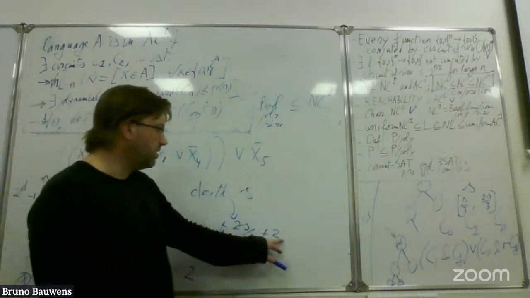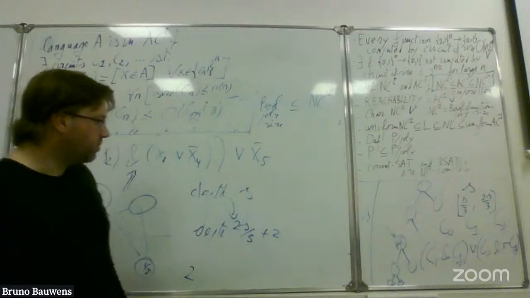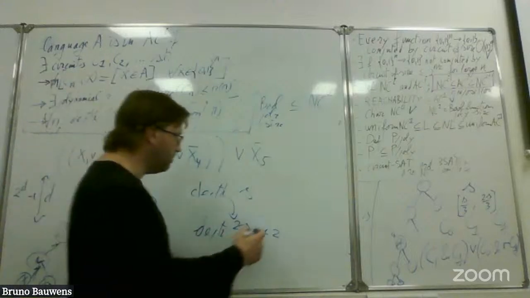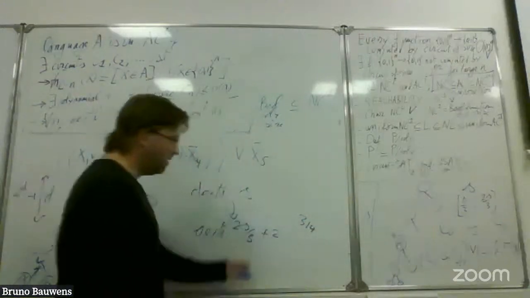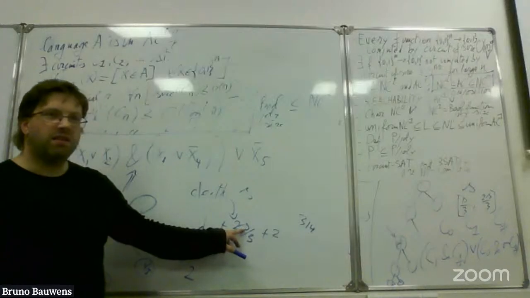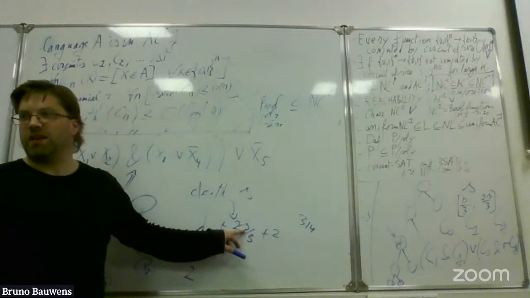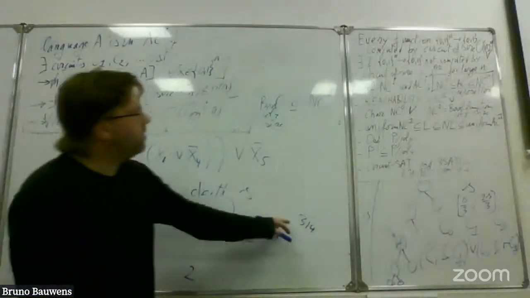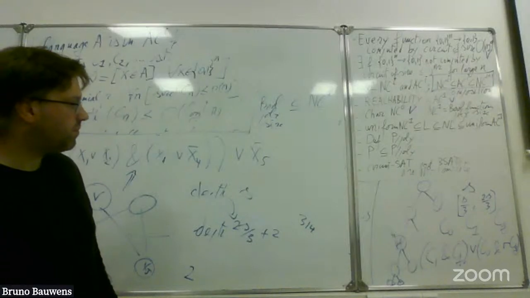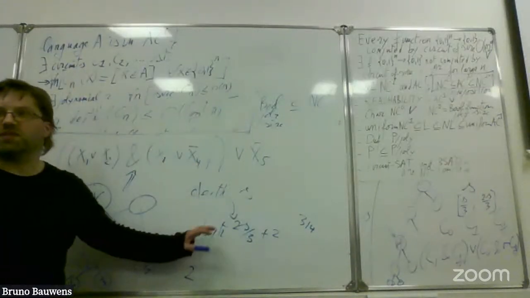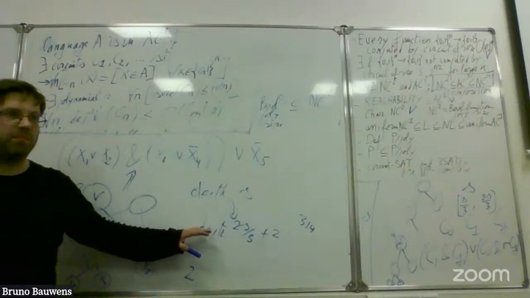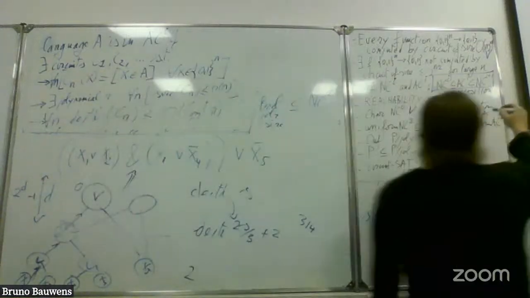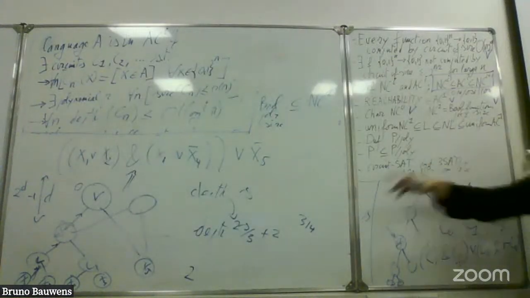It's a bit annoying because of this +2, but as long as S is bigger than 3, you can bound it by 3/4 or something, as long as S is a big number. If S is small, we don't care what's happening because of big O notation everywhere. If it's not clear, there is a nice inductive hypothesis and argument in the lecture notes. It is just a calculation of the depth.